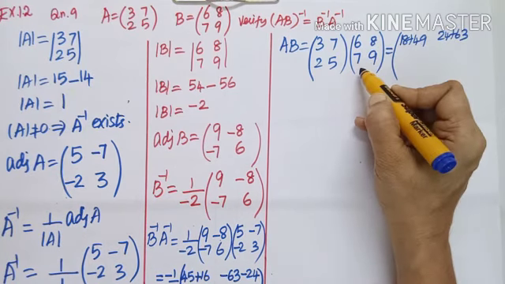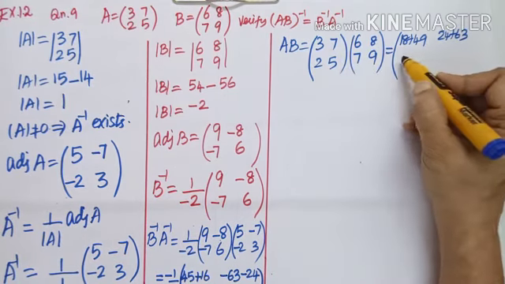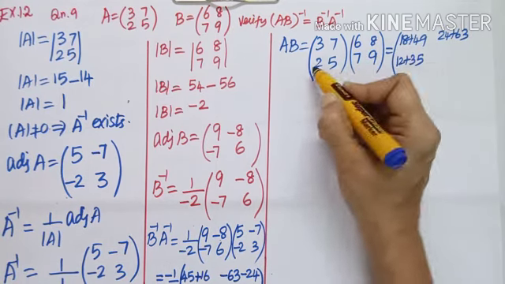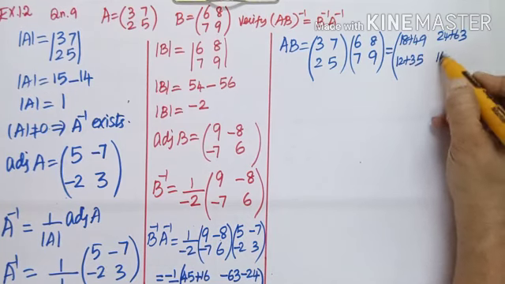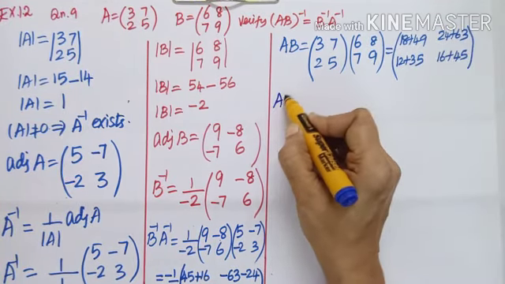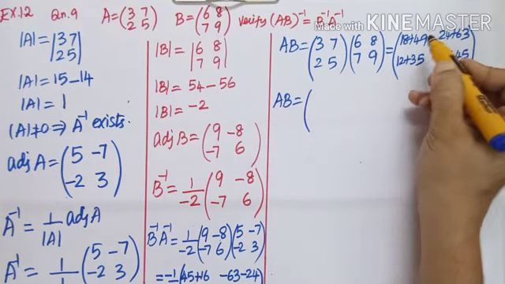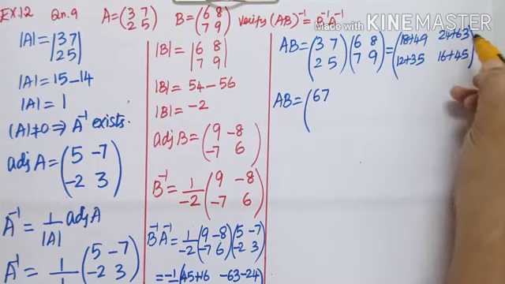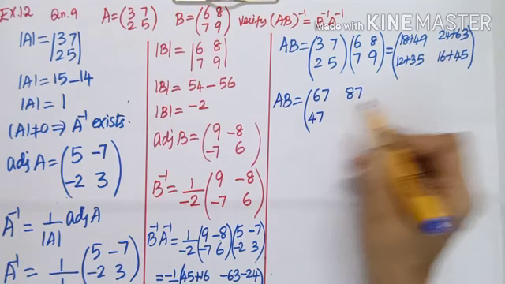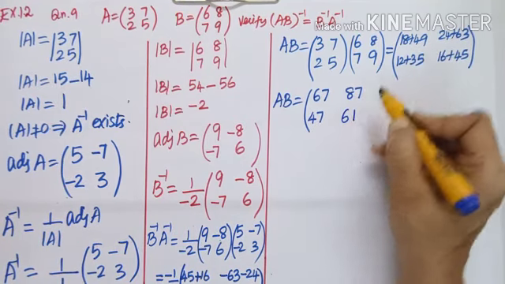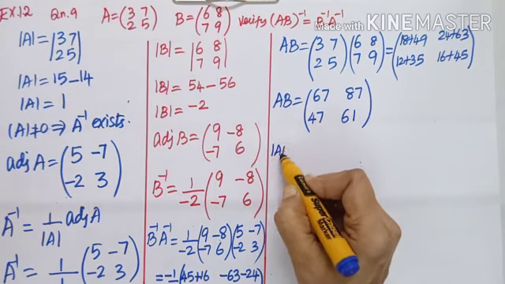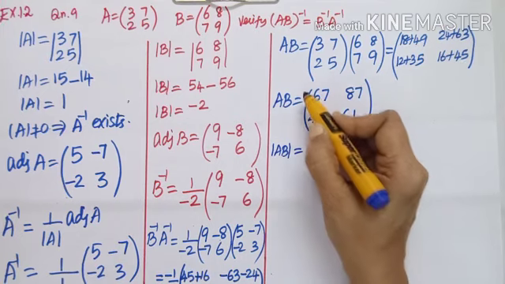Second row by first column: 12 plus 35. Second row by second column: 16 plus 45. So AB reduces to 67, 87, 47, 61.